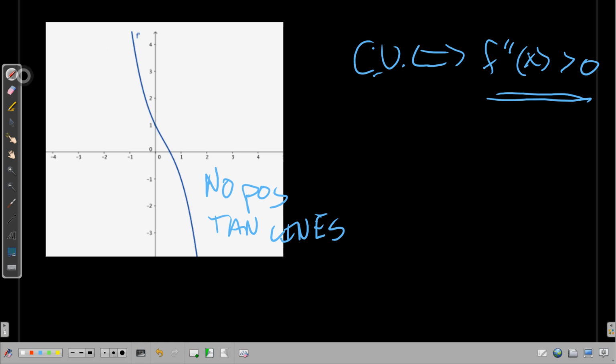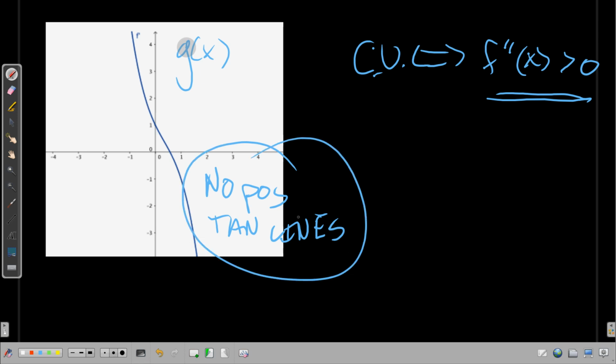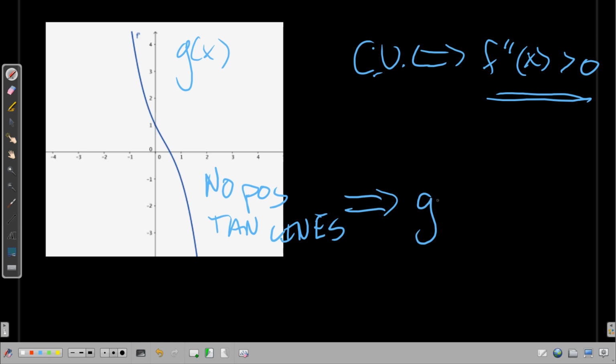So let's do it like this. Let's call this thing G of x. And we can see that G of x has no positive tangent lines. Well, that tells us that G prime of x is negative everywhere for all x values.